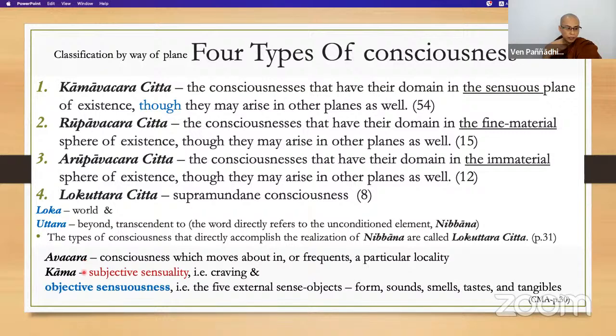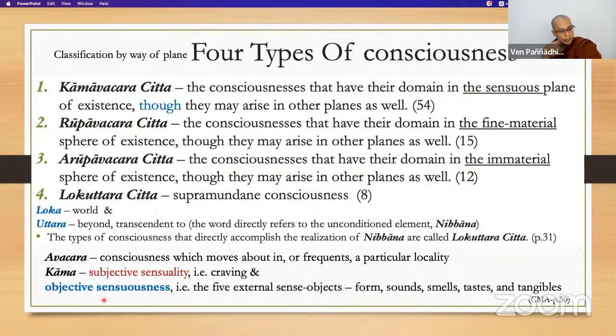Here, kama and avacara are explained. Kama has two meanings: subjective sensuality and objective sensuousness. If we call kama referring to craving, this is the subjective side; it can cling, it can attach. That is why it has a subjective nature. On the other hand, if we refer to the 5 external sense objects, visible form, sound, smell, taste, and tangible object, these are objective sensuality.